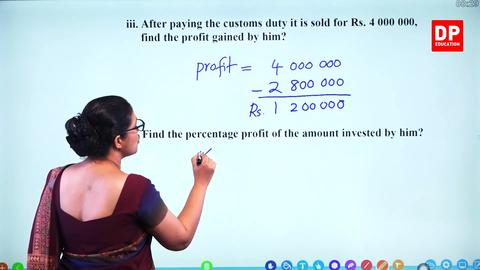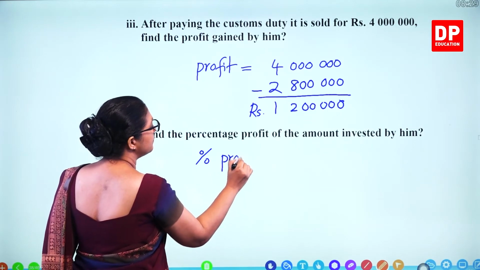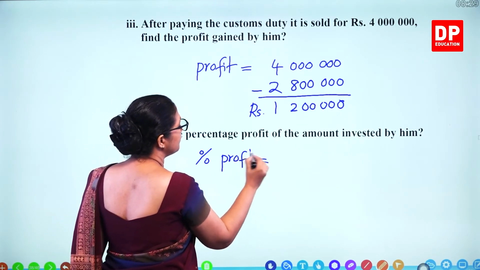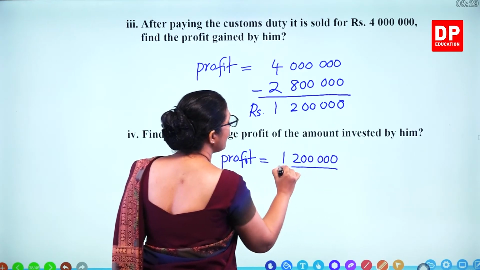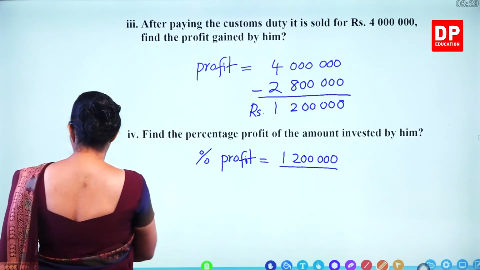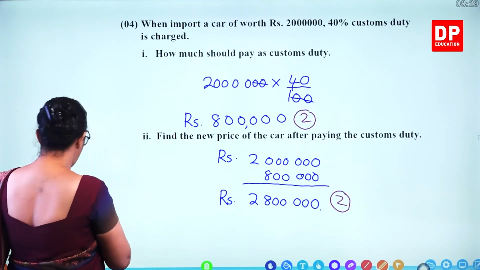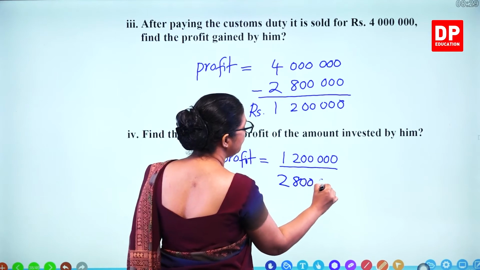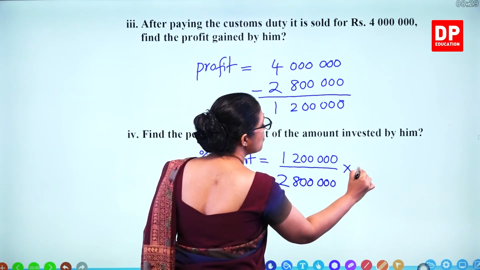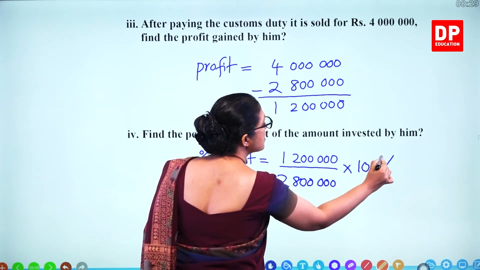Find the percentage profit of the amount invested by him. So percentage profit is profit divided by the amount he spent, 2,800,000, into 100%.